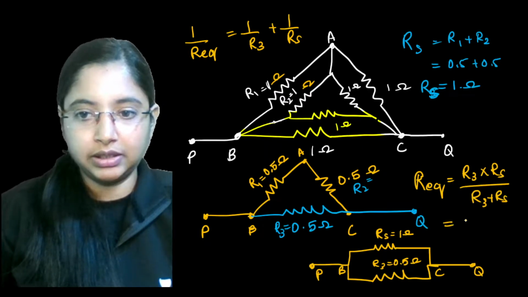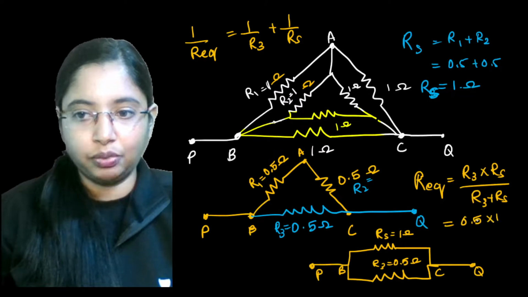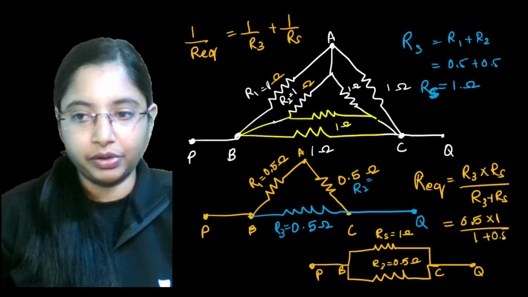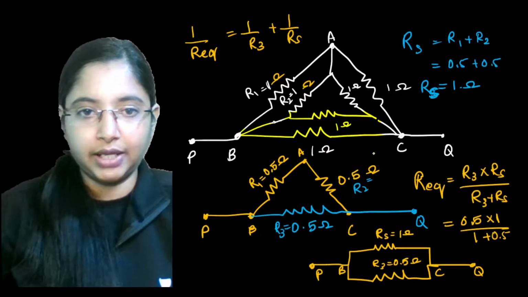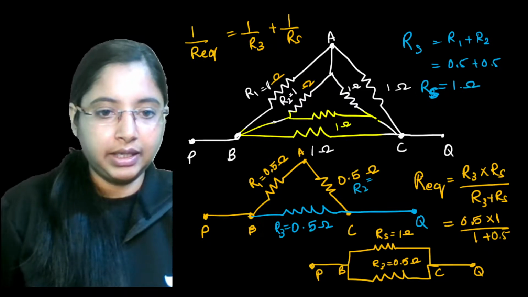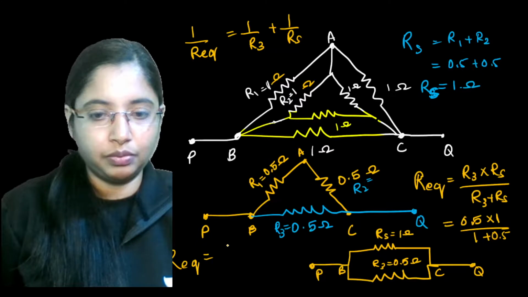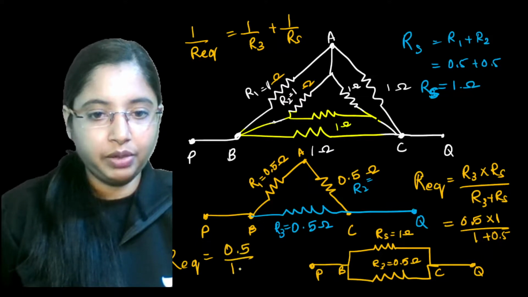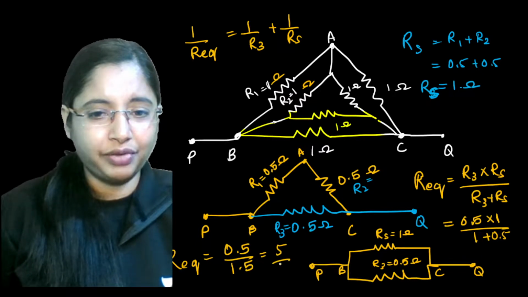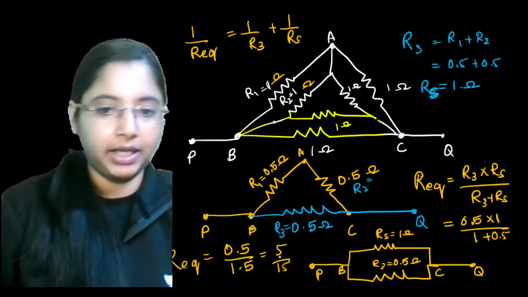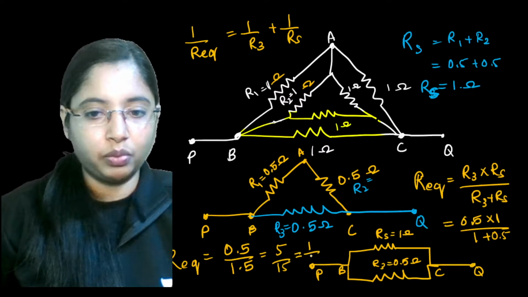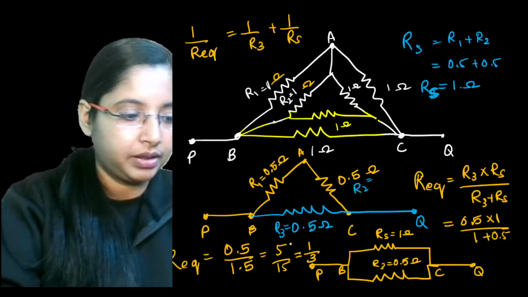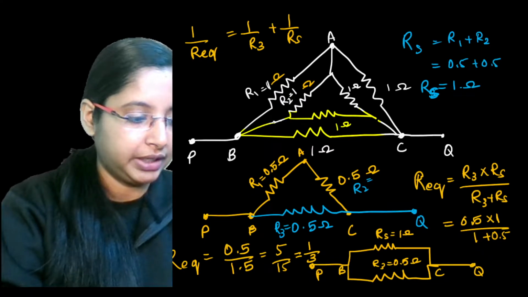R3 in this case is 0.5 into 1, by 1 plus 0.5. So this value is 0.5 by 1.5, that's around 5 by 15. 5 by 15 is nothing but 1 by 3.